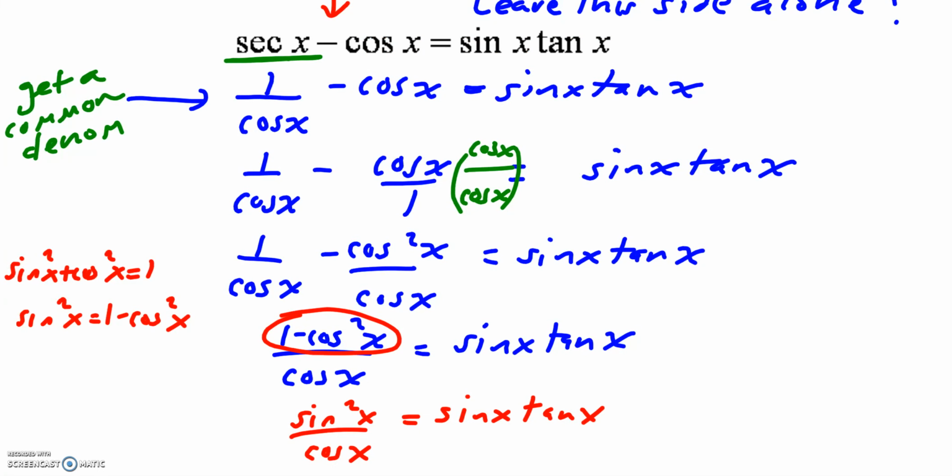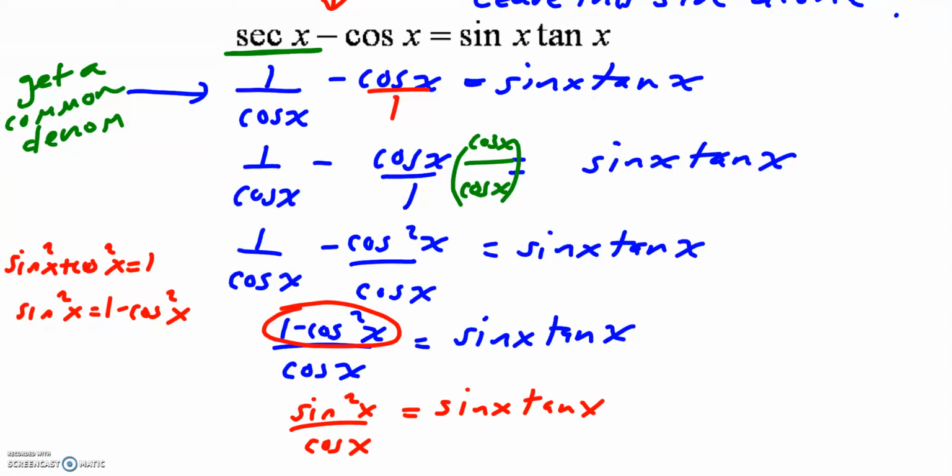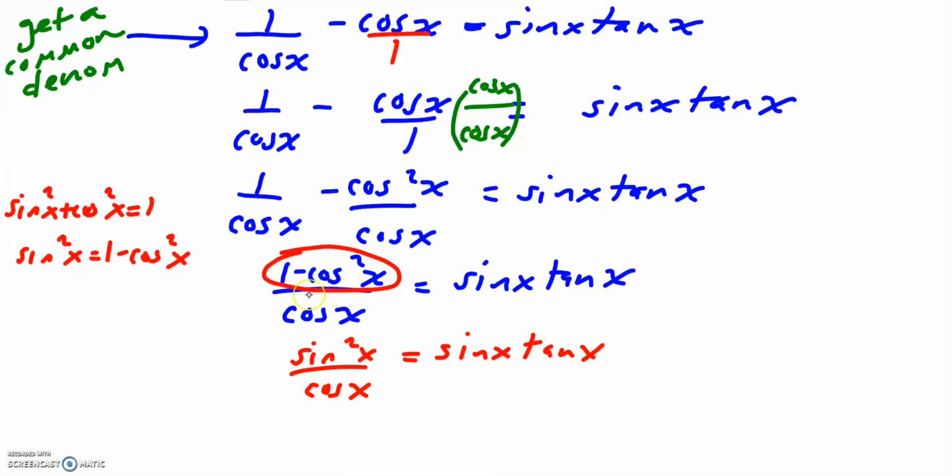Okay, so let me check in with you so far. The first thing I did was I changed secant to be 1 over cosine. Then I noticed that because this was over 1, I could get a common denominator. So I multiplied the second fraction by cosine over cosine, and that became 1 over cosine minus cosine squared over cosine. Once these had the same denominator, I combined it into one fraction, and the top became 1 minus cosine squared of x.